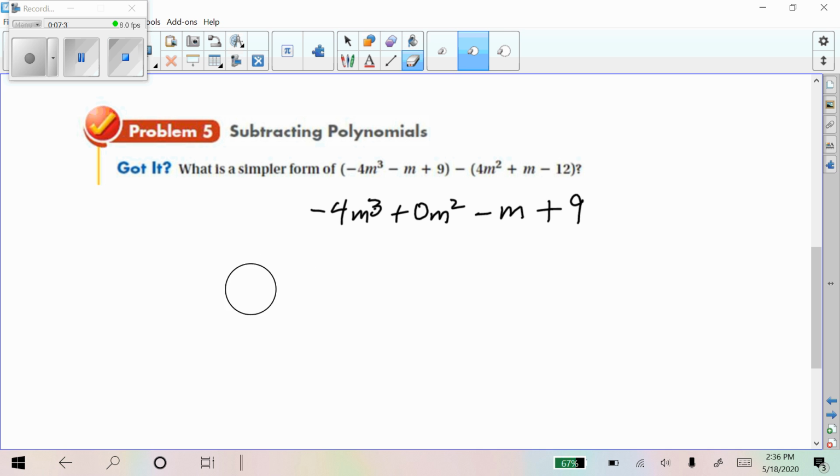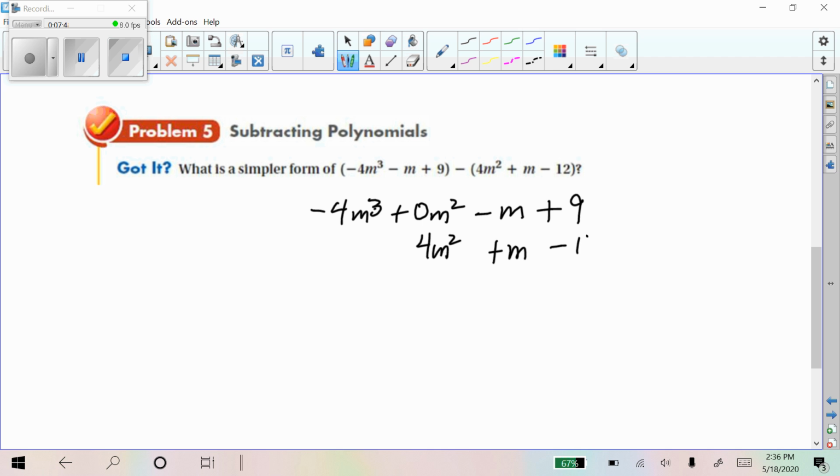All right. And then I'm going to subtract from the 0m squared, 4m squared plus m minus 12. Now remember, we're subtracting. So if you take away nothing from this first term, you're going to not change it.